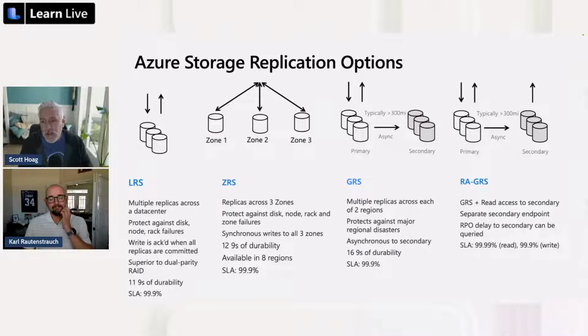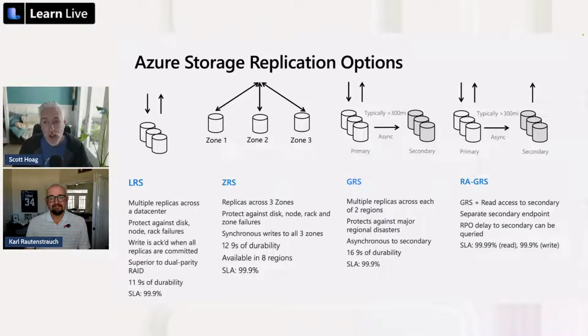There's other models within GRS. There's GZRS, so we have a model for geo-redundant and zone redundant combined together. And then we have the last option, which is on the slide here, which is RA-GRS, or read access geo-redundant storage.